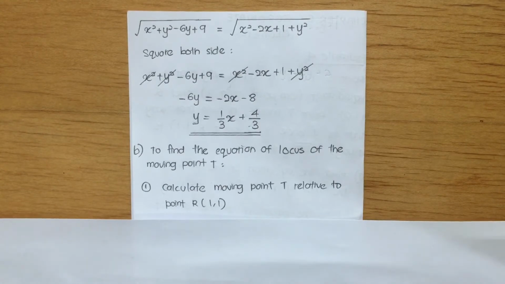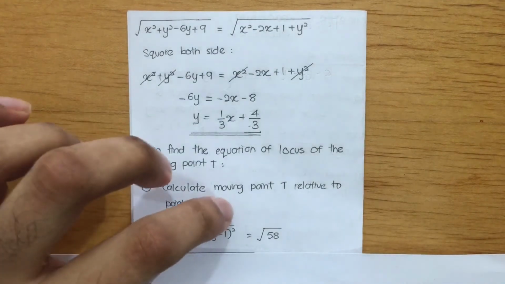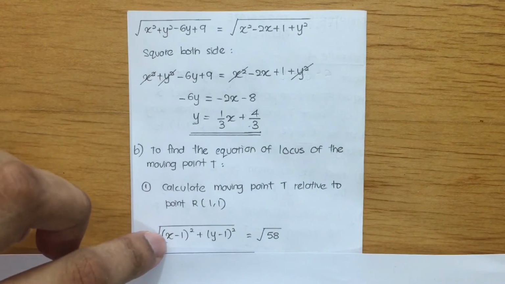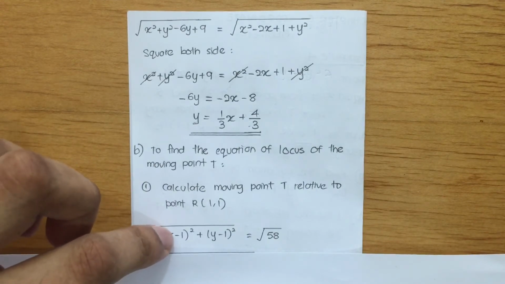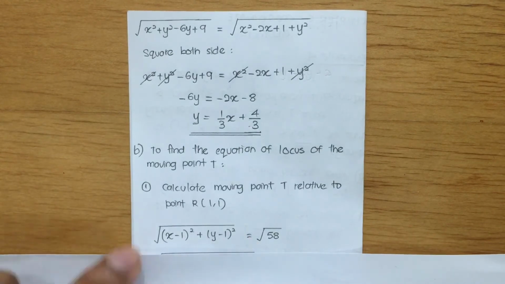Alright, guys, so continue to the next step. Based on the coordinate R, we're going to calculate the distance with the variables x and y. So the square root of (x − 1)² + (y − 1)² equals the square root of 58. Square root of 58 is the distance, guys, or you can say the radius also.